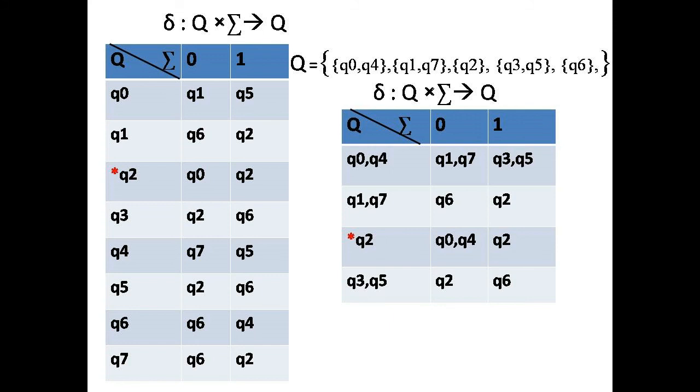Similarly, Q3 and Q5 on 0 symbol go to Q2 state, and on 1 input symbol go to Q6 state. Q6 on 0 input symbol goes to Q6 state, and Q6 on 1 input symbol goes to Q4 state. But Q4 is along with Q0 in the minimized DFA, so we write Q6 on 1 input symbol goes to Q0, Q4 state. And this is the new transition table of the minimized DFA.